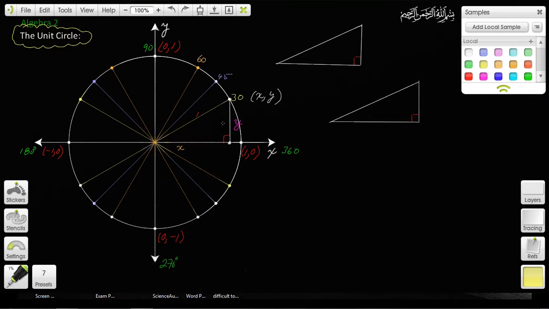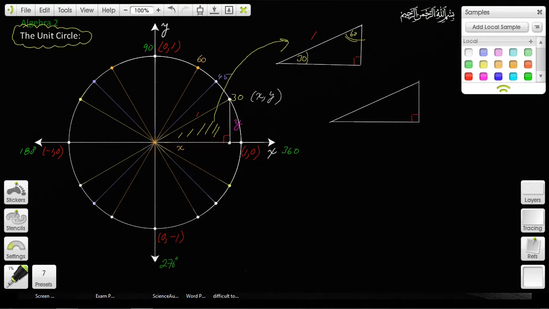Now, if I were to draw this triangle out over here, that would be a 30, 60, 90 triangle, right? Because that's a 30-degree angle, so this angle would be 30 degrees, this angle would be 60 degrees, and this angle would be 90 degrees, correct? And the hypotenuse would be 1, correct?